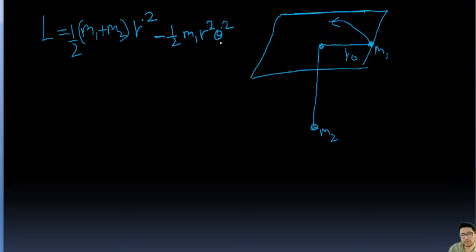Okay, half m r square theta dot square. So this is going to be the potential energy, and for this m2 particle, this is downward, right? We are taking coordinate from here, so it is going to be minus m2g(L minus r), where L is the total length, right? So this is the Lagrangian, guys.